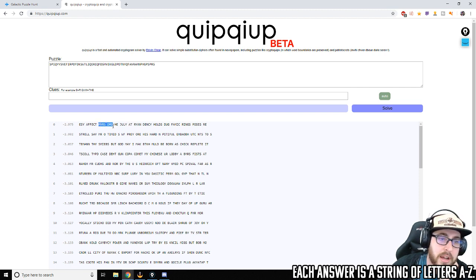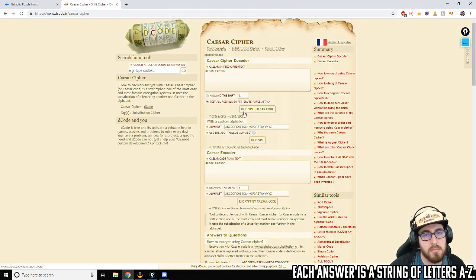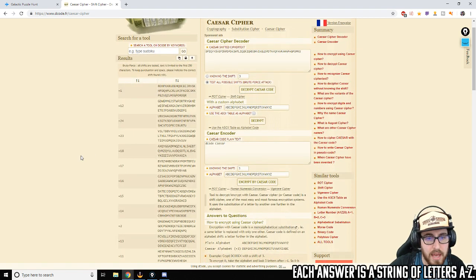Unfortunately, no matter what, it looks like if we put it into a ciphertext solver, we're still gonna get some stuff out that doesn't fit. I don't think it's like a, yeah, that's not gonna help.